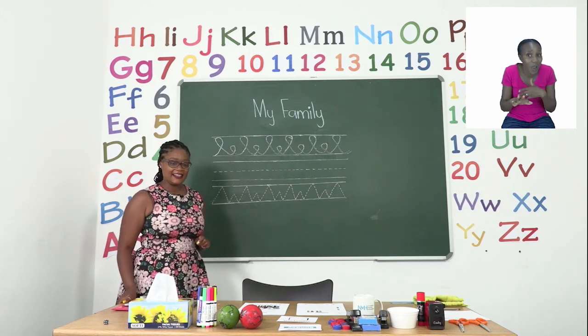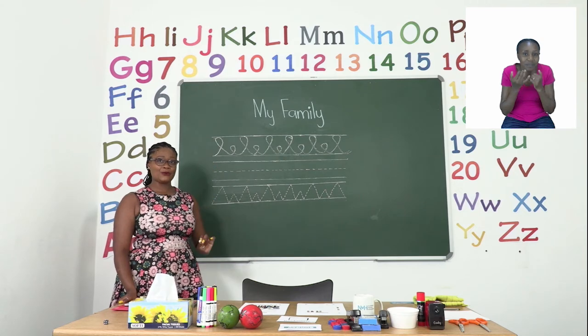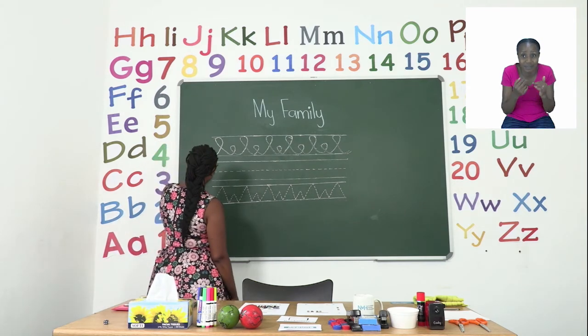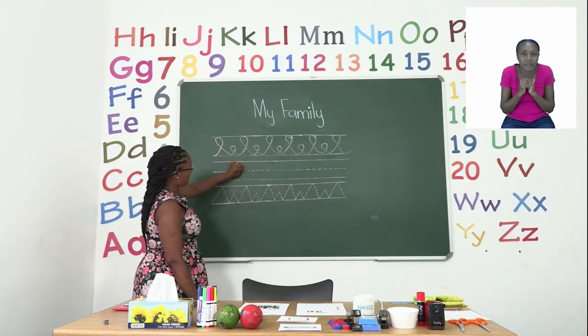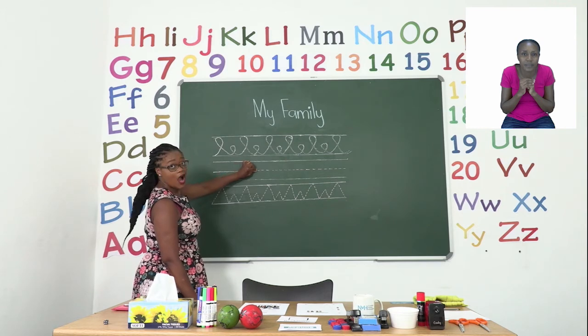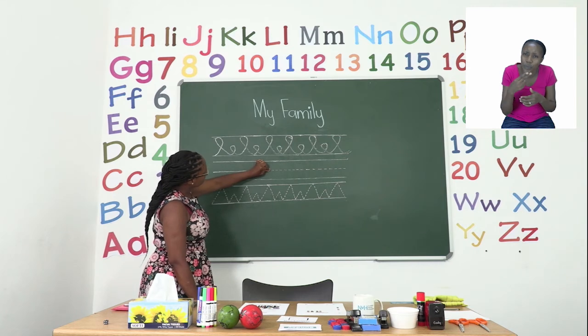Well done. Now we're going to do it with our color. Are you ready? Well done. Let's go. Remember, take your time and try hard not to lift up your pencil.